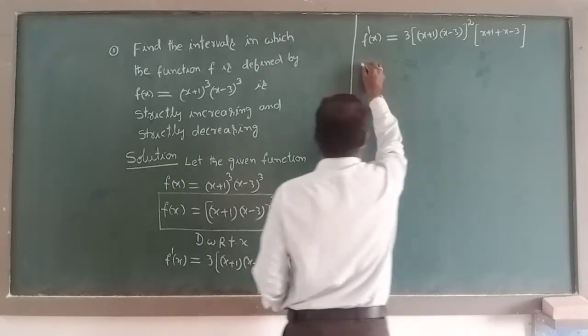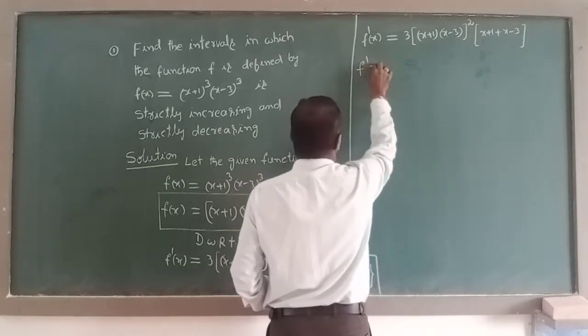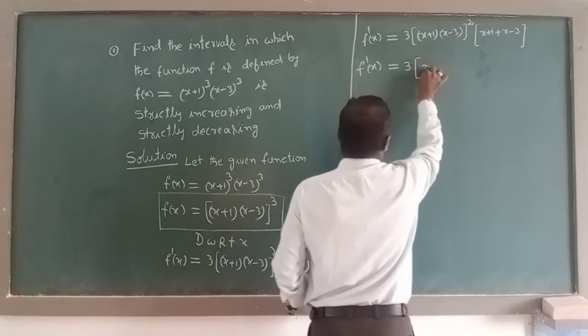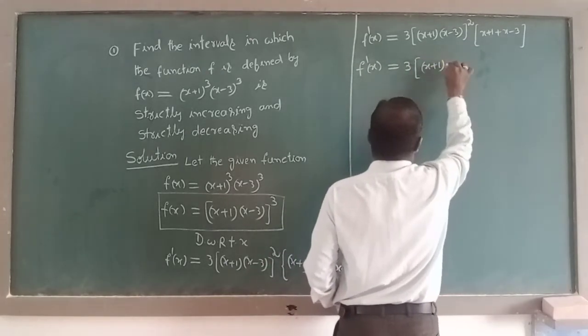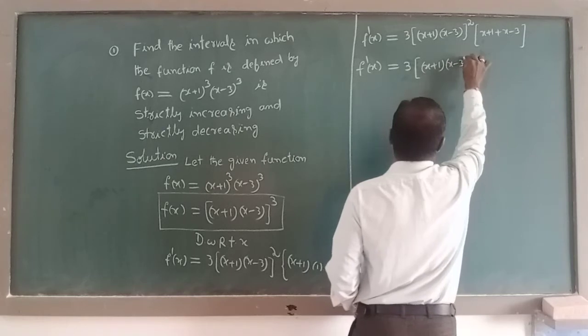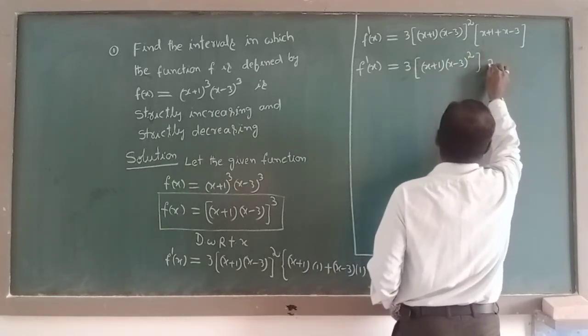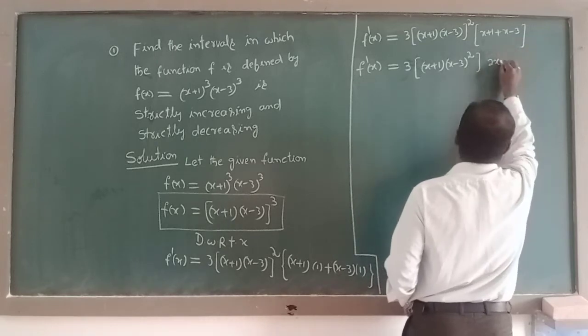F dash of x is equal to 3 into (x plus 1) whole square into (x minus 3) whole square into (x plus x, that is 2x, minus 3 plus 1, minus 2).